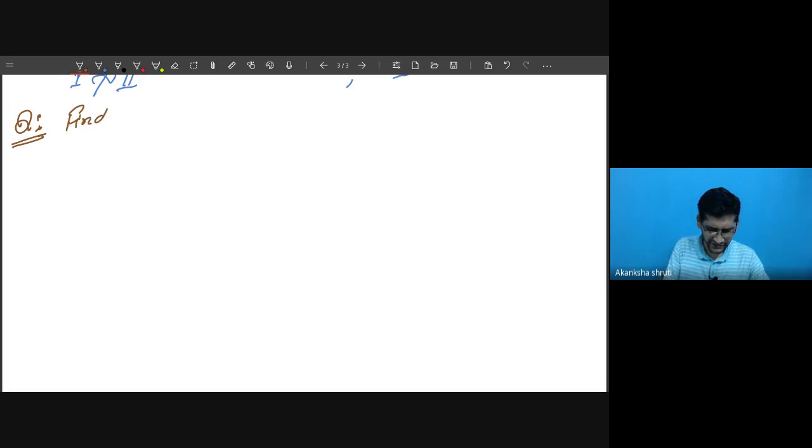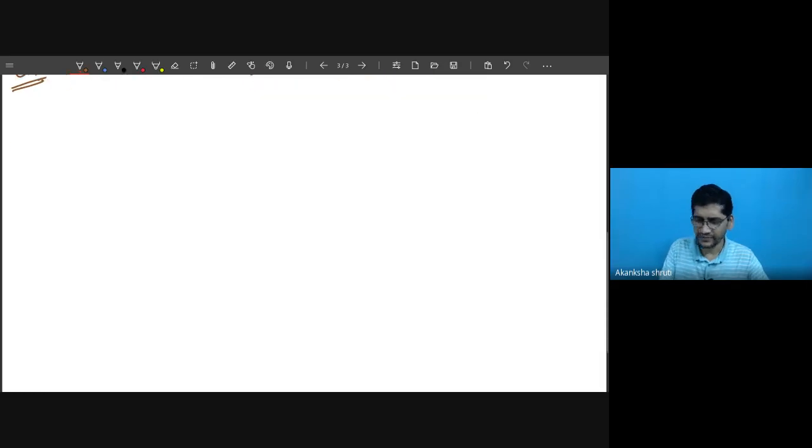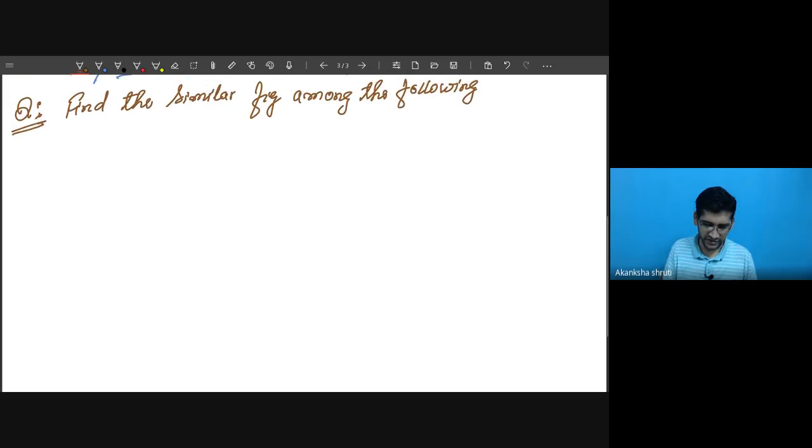Find the similar figures among the following. I will draw some figures and you have to find whether they are similar or not.